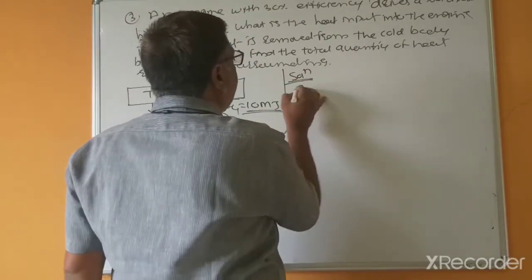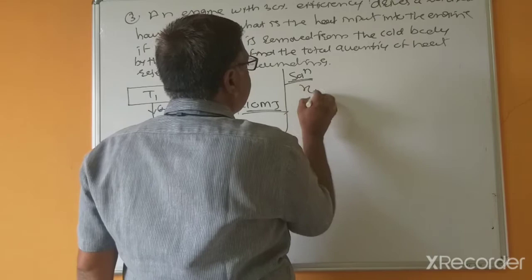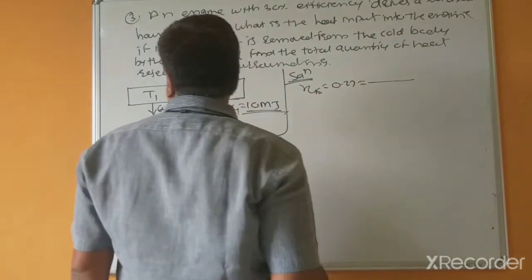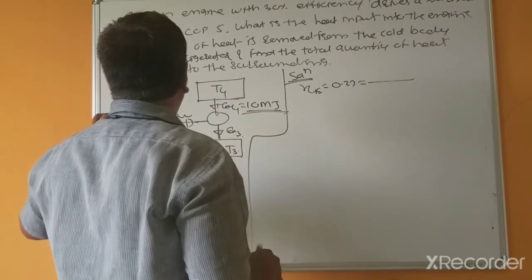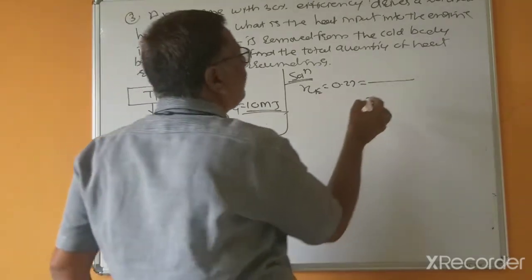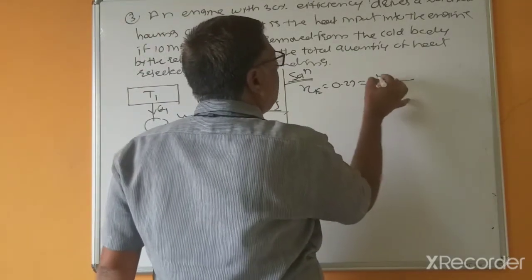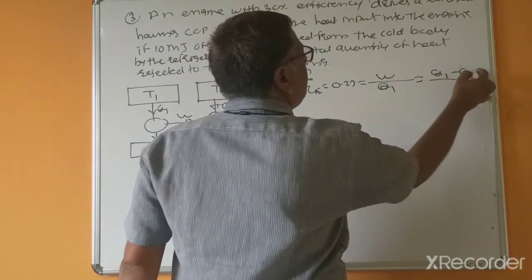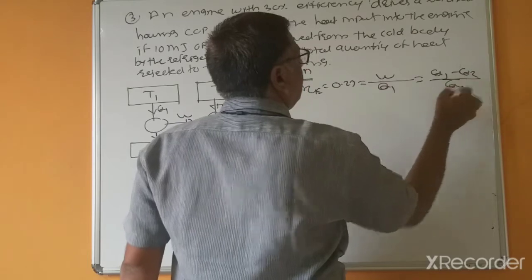Now COP of heat engines, efficiency equal to 27%, means 0.27, and here input is Q1, output W. So this is Q1 minus Q2 divided by Q1.